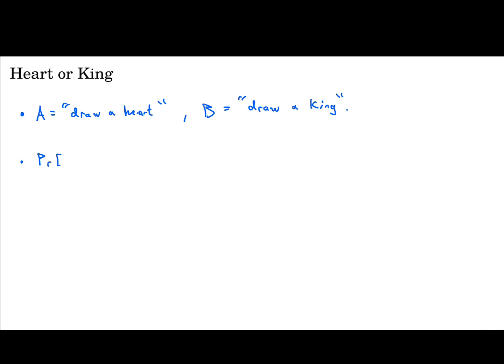How many hearts do you have in the deck? You have 13 of them out of 52 cards. So this is the probability that you draw a heart. What is the probability that you draw a king? There are 4 kings in the deck, and the deck has 52 cards, so it's 4 over 52.